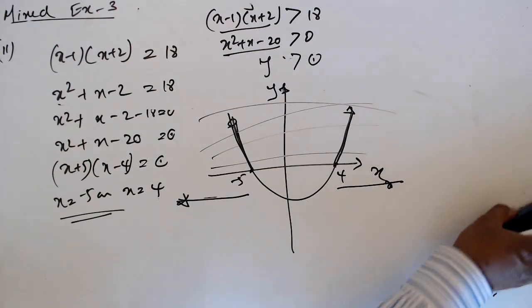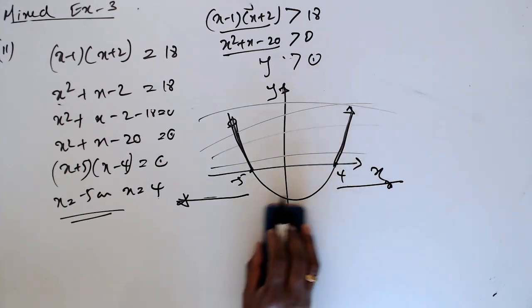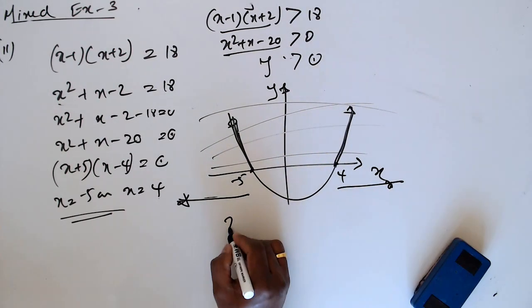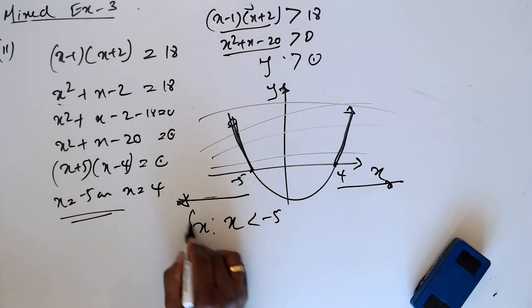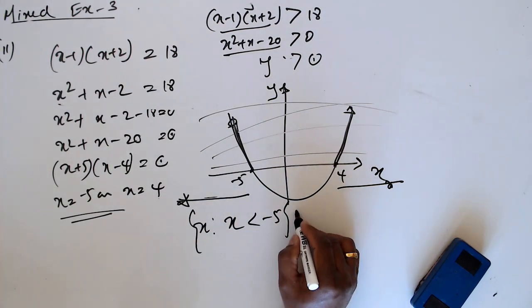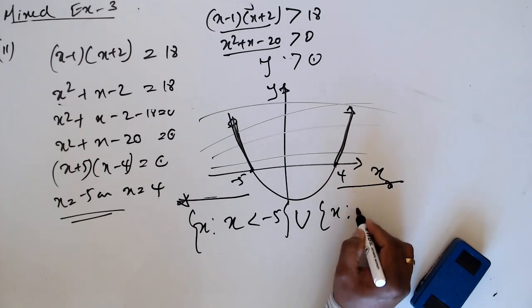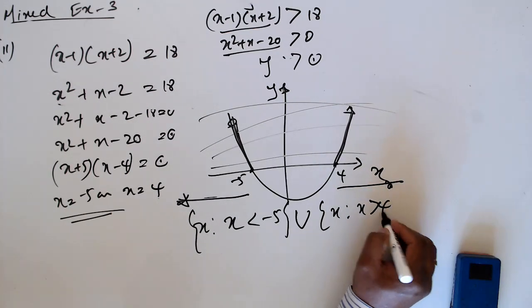So the answer should be x less than minus 5, union x greater than 4.